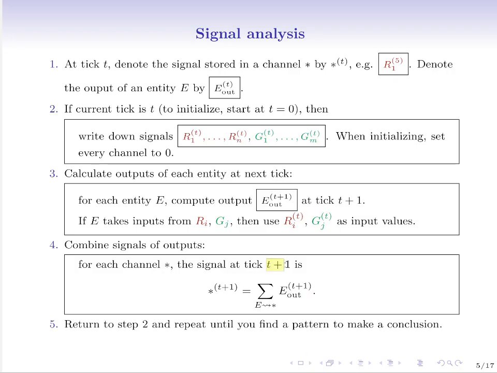Now you have the information for T plus 1. You can either go back to step 2 and repeat and go further into the future ticks, or you can make a conclusion about what happens with this circuit.